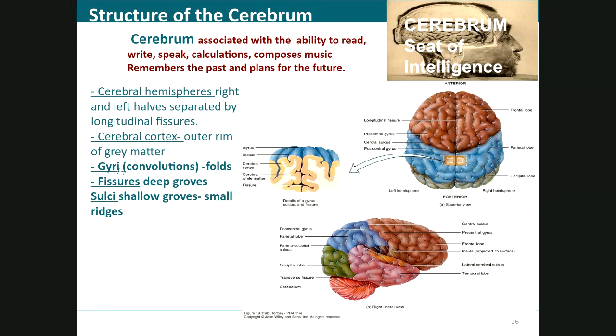And the sulci are these small grooves that exist here. So on this image, this is called the gyri, and the little fold in here is called a sulci, where the deeper groove is the longitudinal fissure. Here you can see the longitudinal fissure separating the right and the left hemispheres.